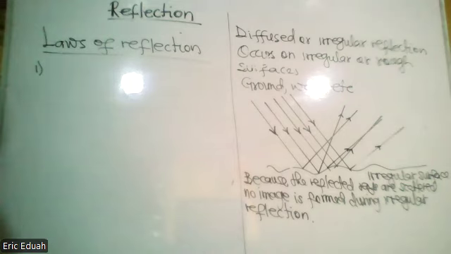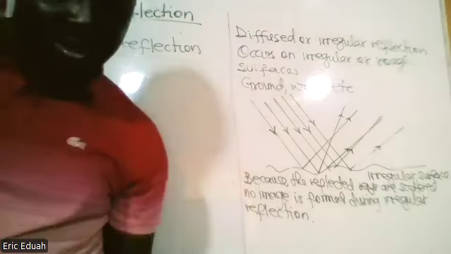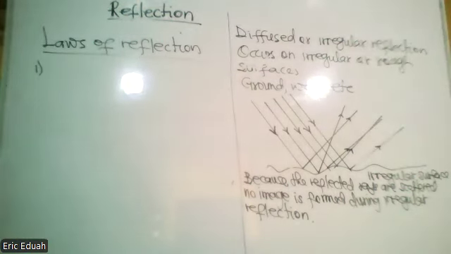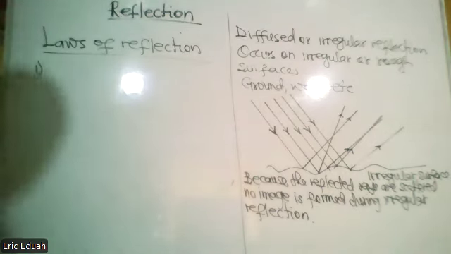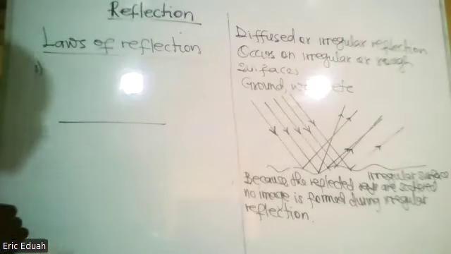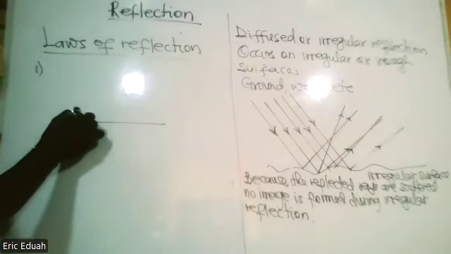The incident ray, the reflected ray, and the normal at the point of incidence all lie in the same plane. Thank you. So, this is the surface.